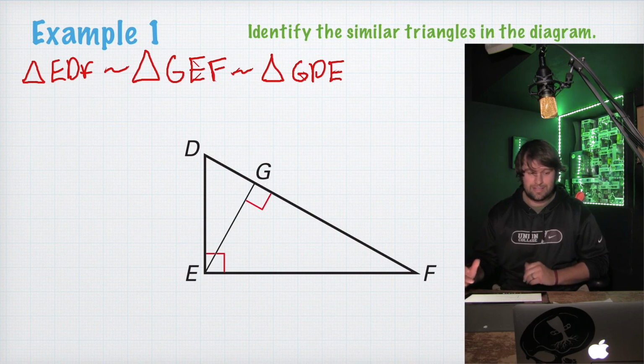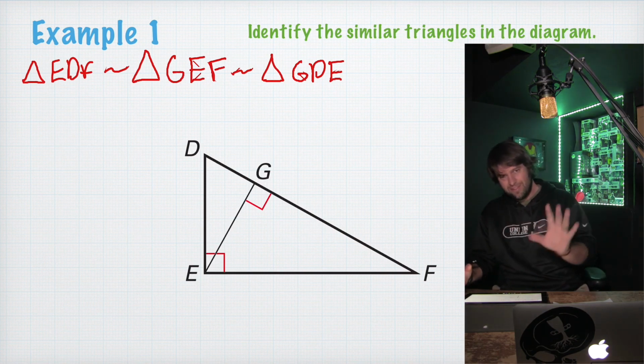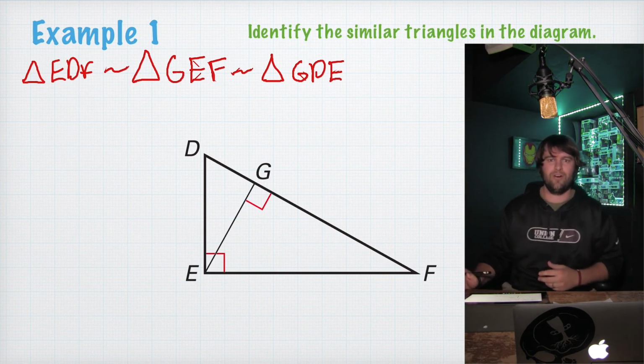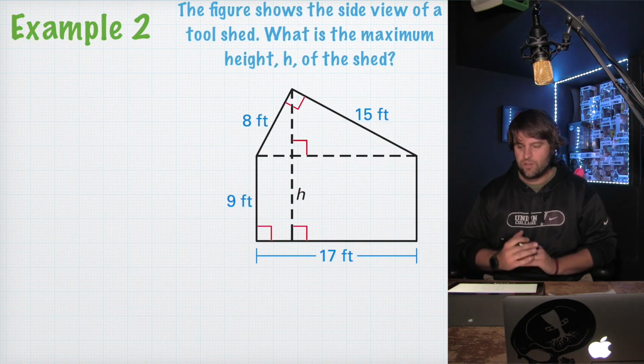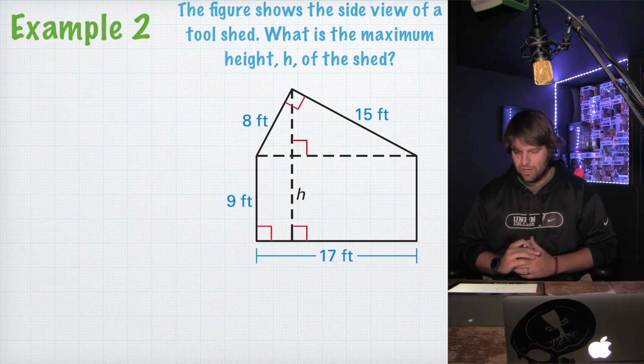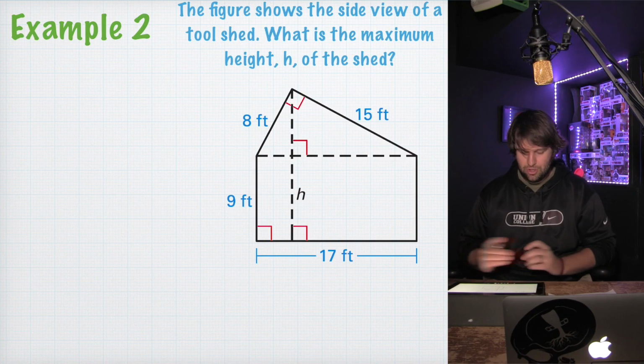So let's go on to the next slide, because as we go along, the examples are of course going to get a little bit harder. The figure shows the side view of a tool shed. What is the maximum height H of the shed?